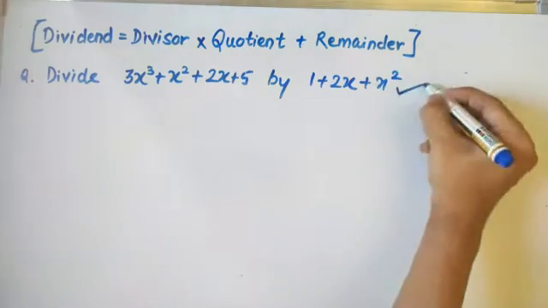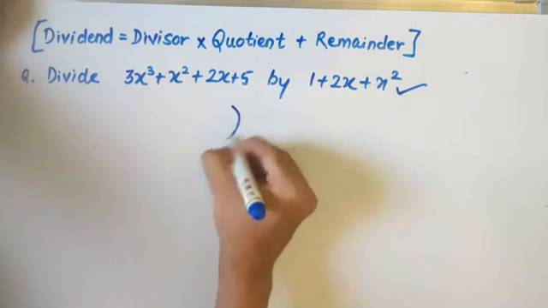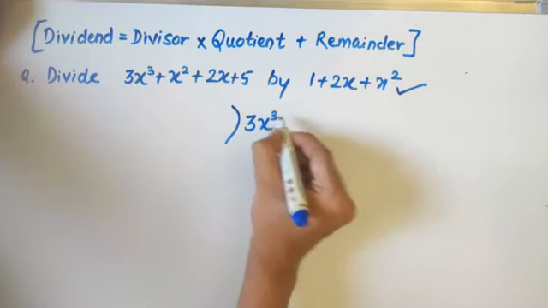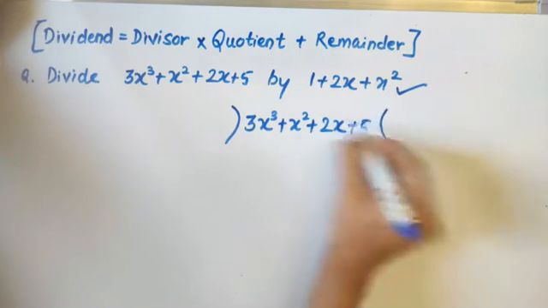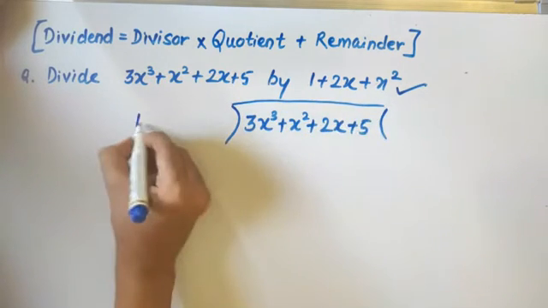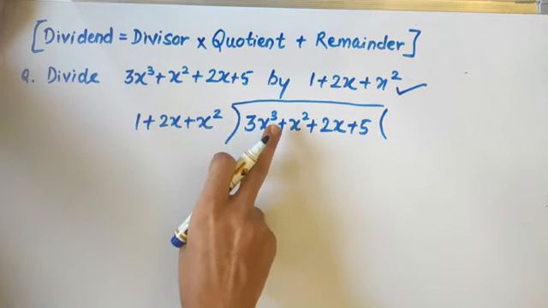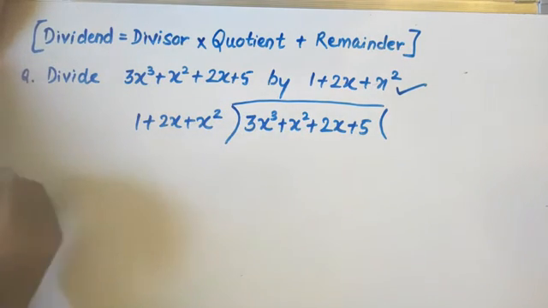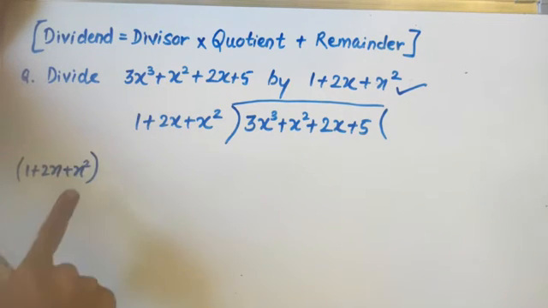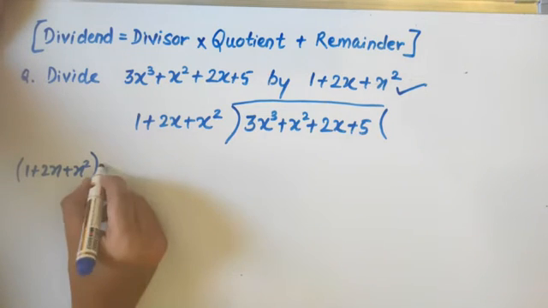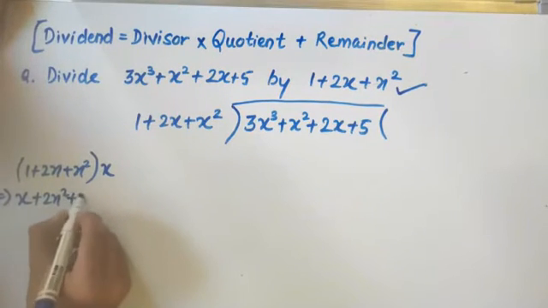This is the question. So we go through the basics. 3x cube plus x square plus 2x plus 5 divided by 1 plus 2x plus x square. What we have to make is x cube here and this is x square. So we'll do this on the rough side. 1 plus 2x plus x square. What do we have to multiply this by to make it cube? We multiply by x, so it becomes x plus 2x square plus x cube.